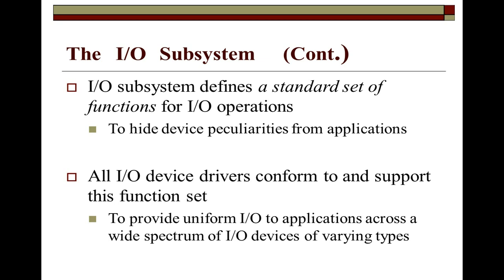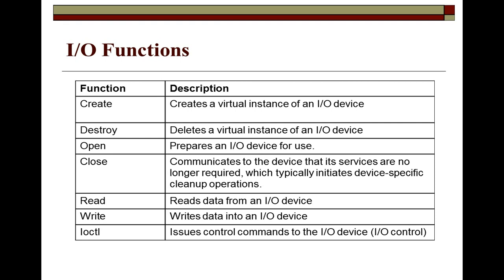So the embedded system often includes the input output subsystem to reduce the application dependence. The input output subsystem defines a standard set so that it can follow the proper procedure for input and output operations. Why? To hide the device peculiarities from the applications. This is the main important point from the application programmer's point of view.